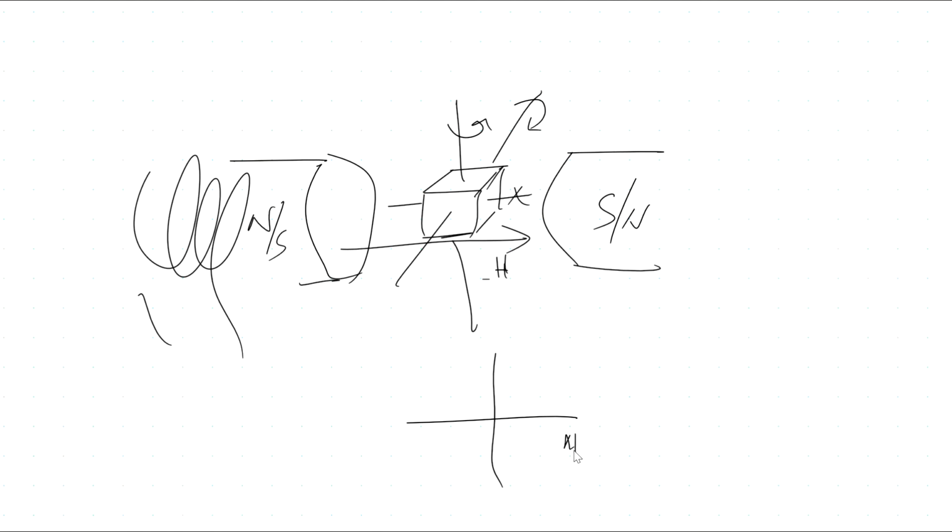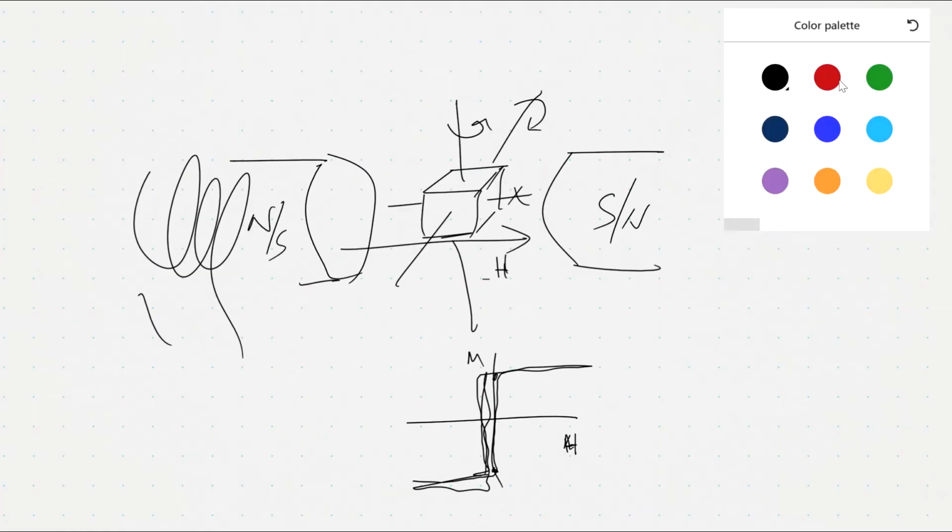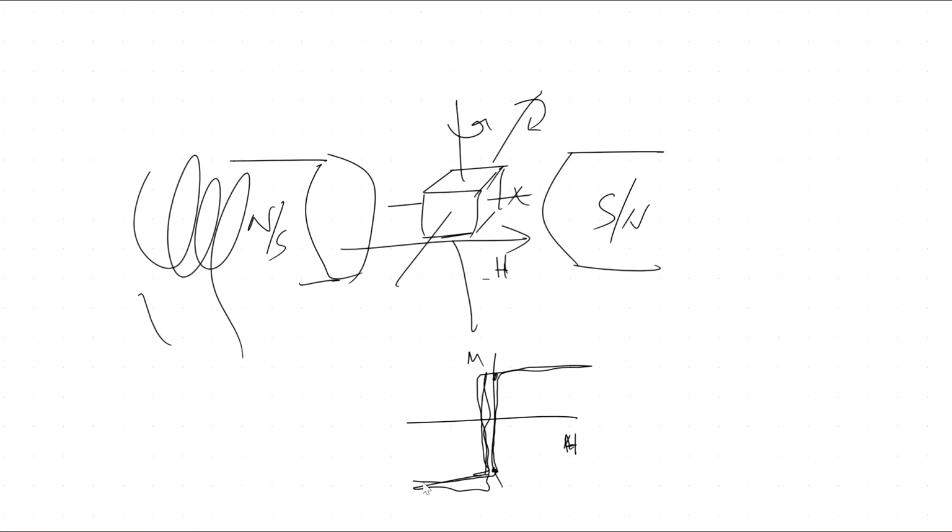So this is H, this is M, and for the easy axis you would see something like that. It might open or it might not, but it should magnetize at fairly low magnetic fields. For the hard axis, you should see something like that. So hard axis implies that, and it saturates.